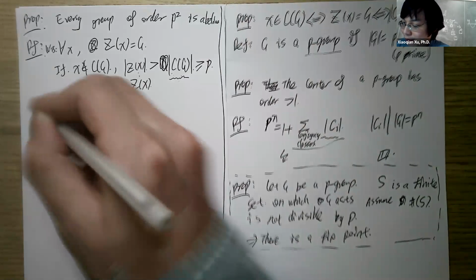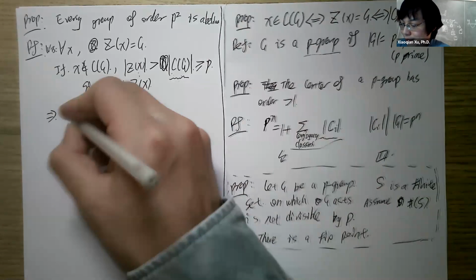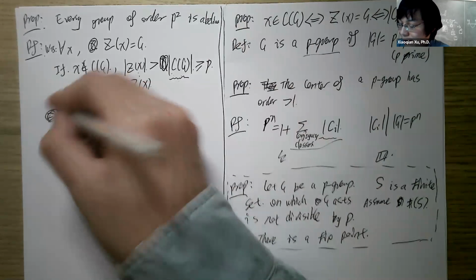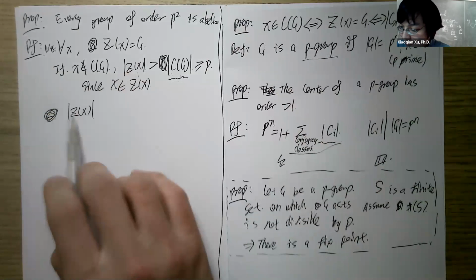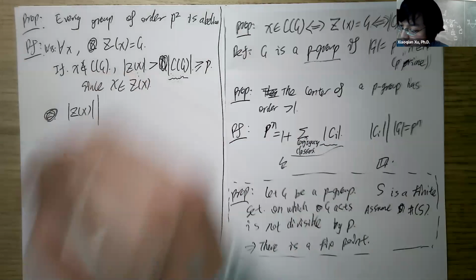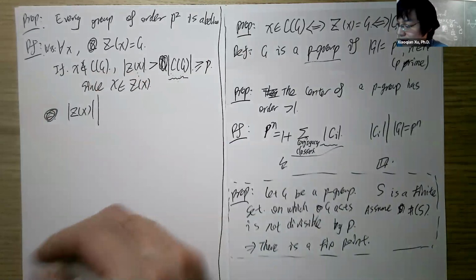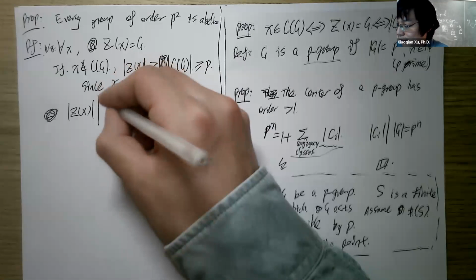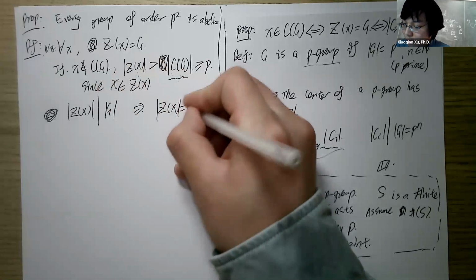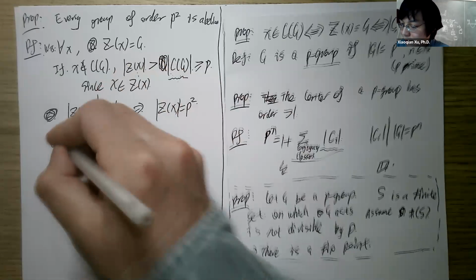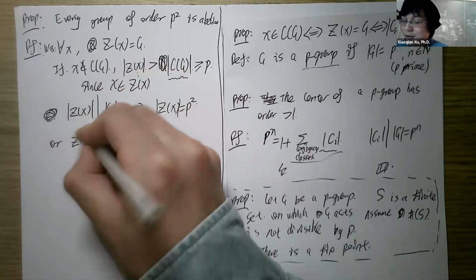And we also have that the order of Zx is a factor of the order of G. So that means it must equal P squared, so Zx equals G, which is a contradiction.